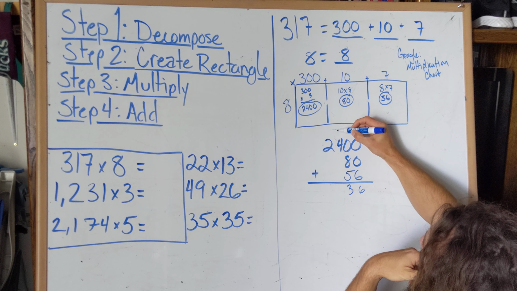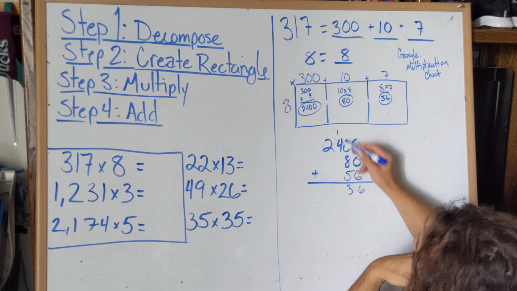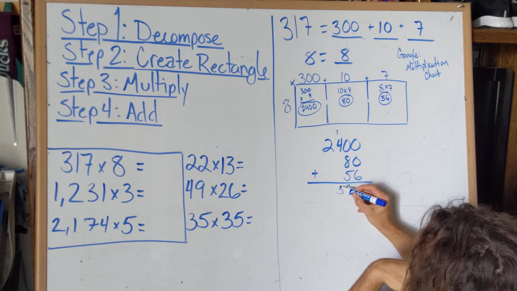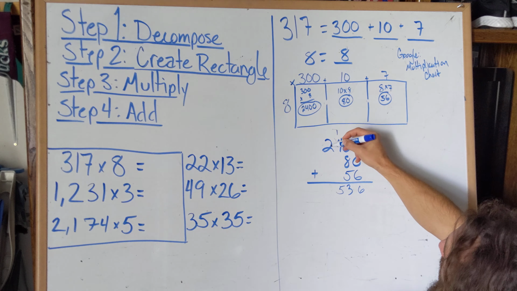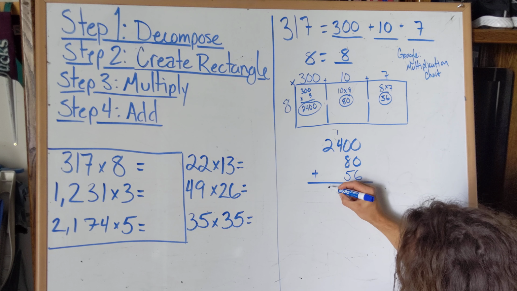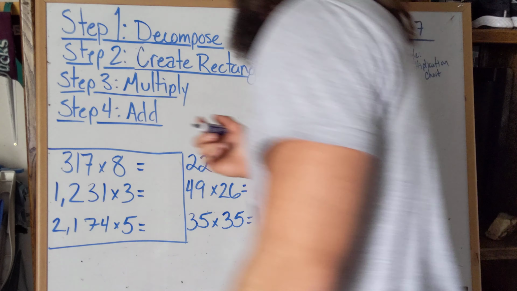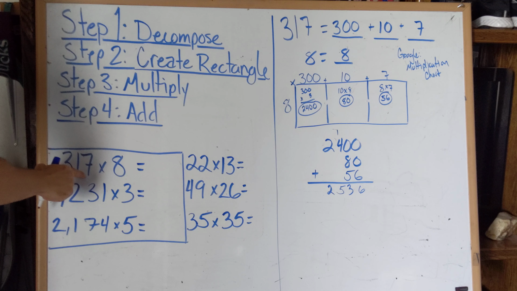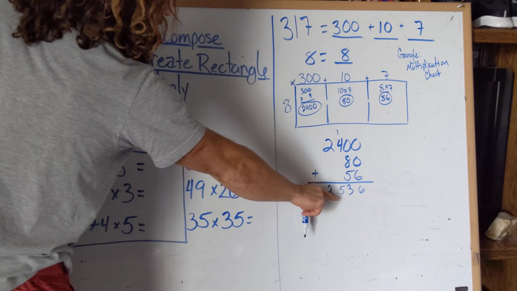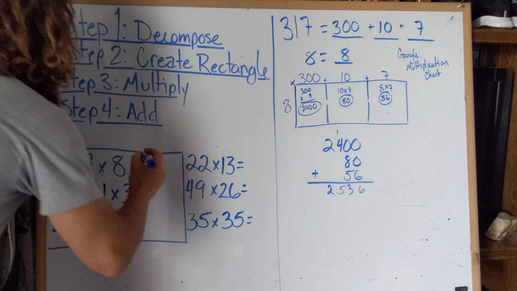Drop the 3, carry the 1. 1 plus 4 gives me 5. And then 2 plus nothing is 2. So that means that 317 times 8 gives me 2,536.